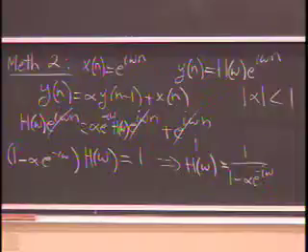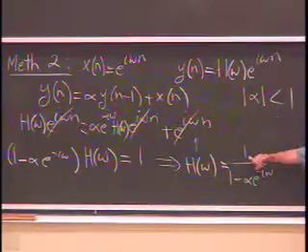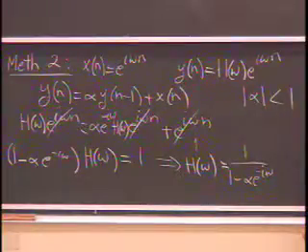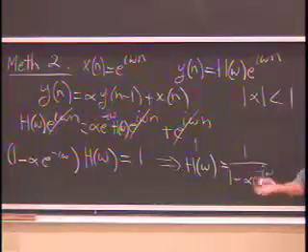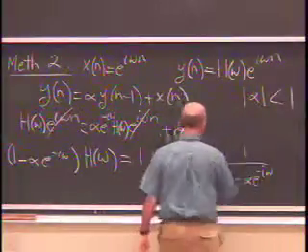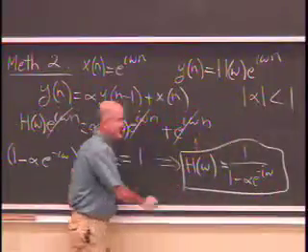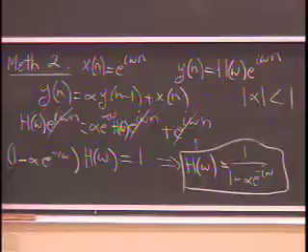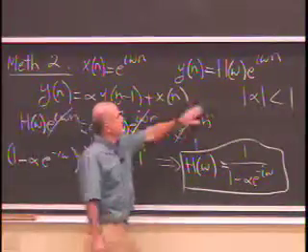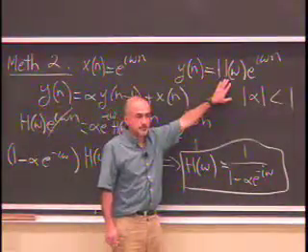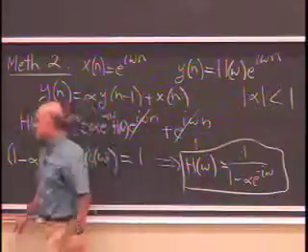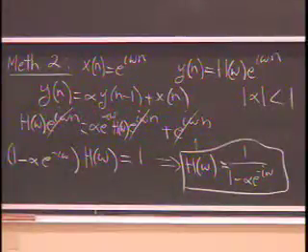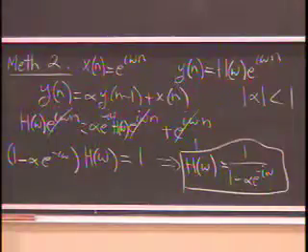Let me guess what you're going to ask. You're going to ask, we didn't even use the fact that alpha is less than 1 in this equation. There's an implicit assumption in going through this derivation, and that is that the h of omega, the frequency response, exists, meaning that this infinite summation converges.